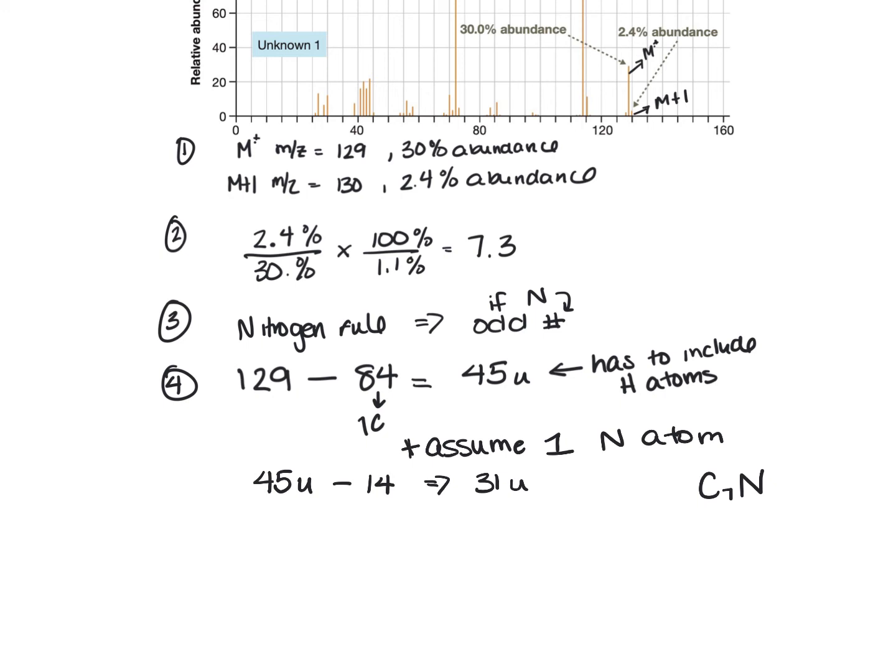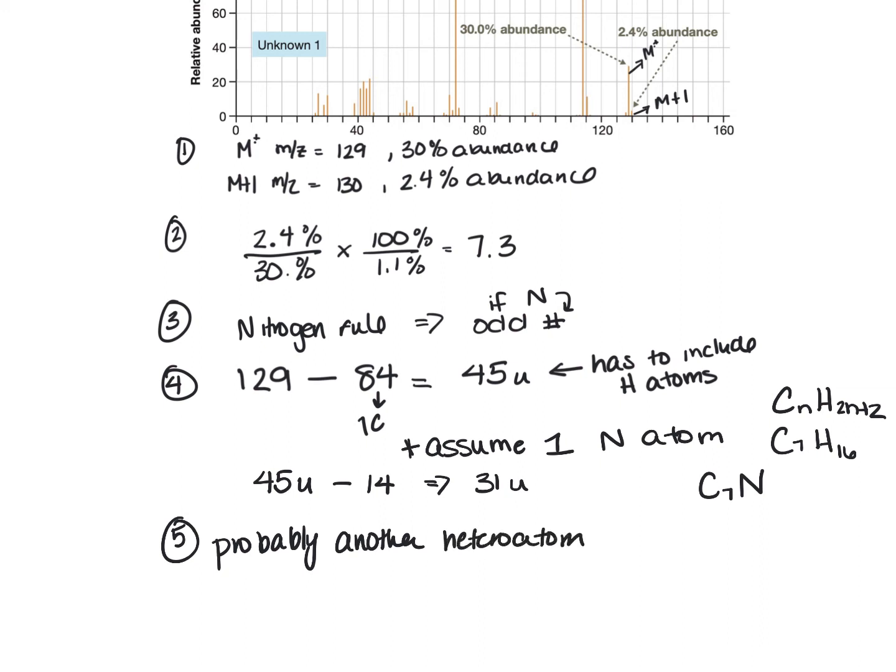It would be really unlikely that we would have 31 hydrogens with that. That's weird, considering that for CnH2n+2, if you have C7, it'd be H16. So 31, there's no molecule that's going to have that. That indicates that we probably have another heteroatom.